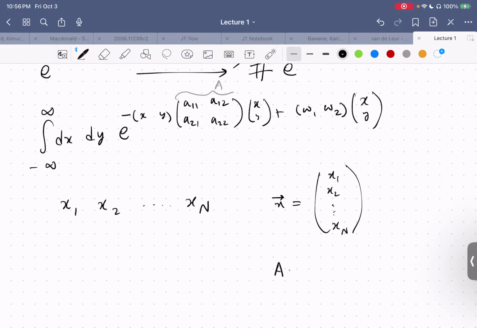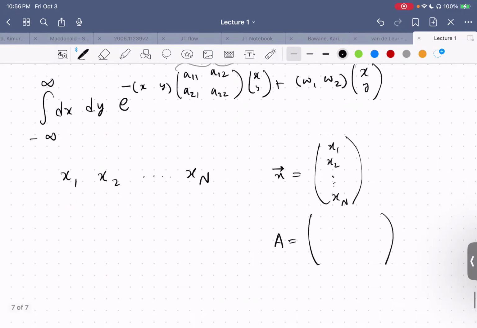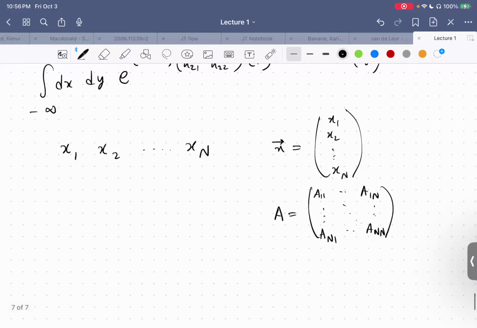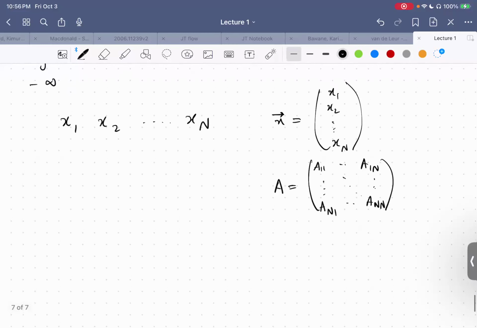And let A be an n by n matrix, starting from 1,1, till n by n. And again, omega vector is another column vector. All right.